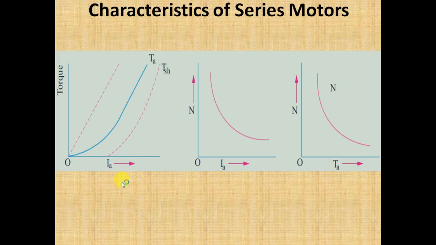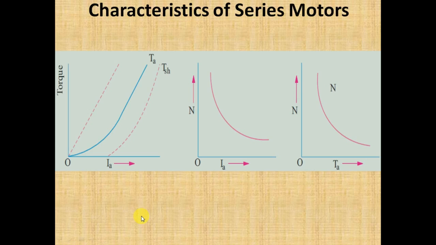This direct proportionality between the magnetic flux and the armature current will occur only before the magnetic saturation region. Once the magnetic saturation is achieved, phi does not have any dependency over the armature current Ia.